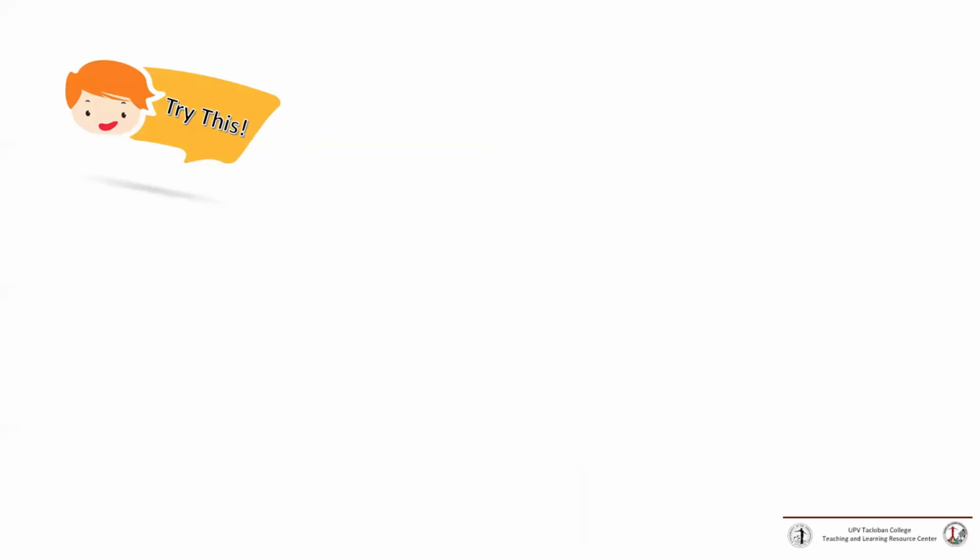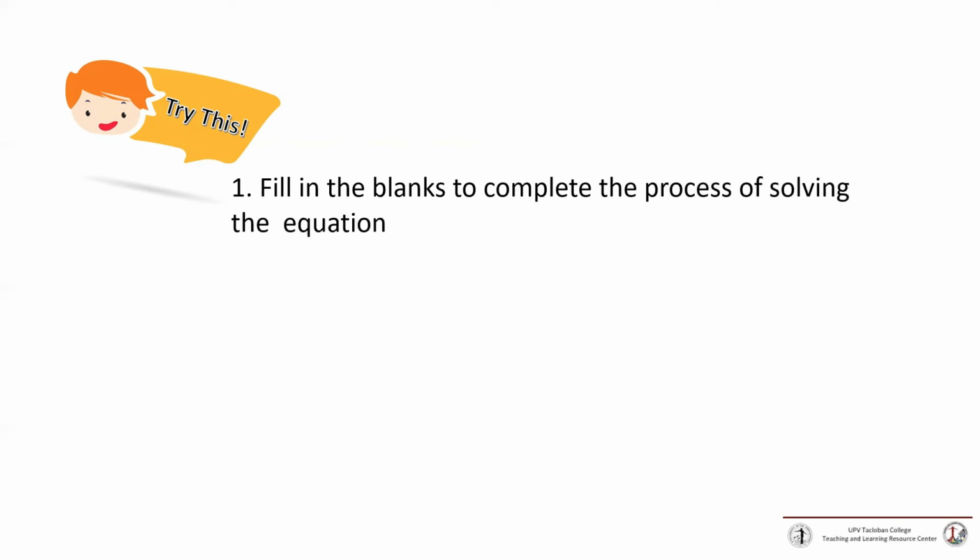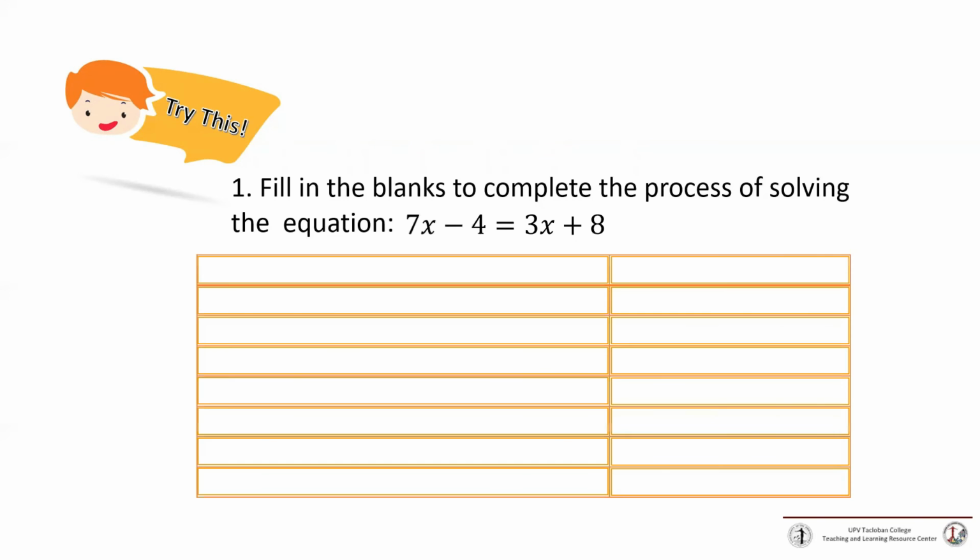Okay, so let's try this. Number 1, fill in the blanks to complete the process of solving the equation. 7x minus 4 is equal to 3x plus 8. Okay, so the equation again is 7x minus 4 is equal to 3x plus 8.